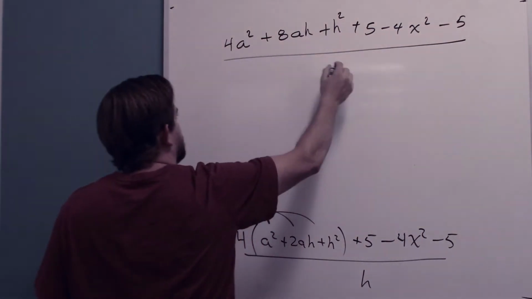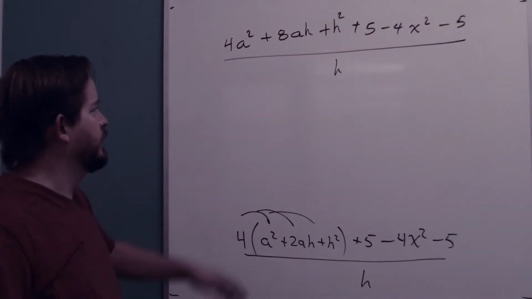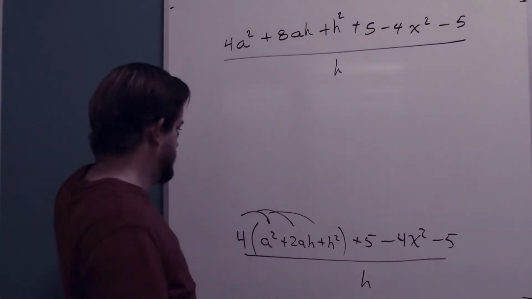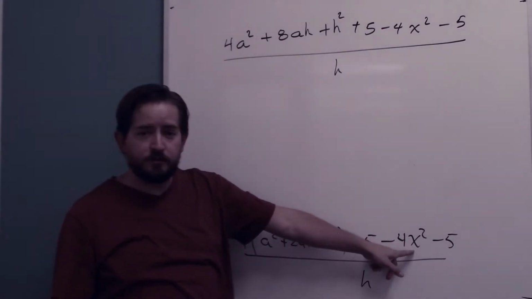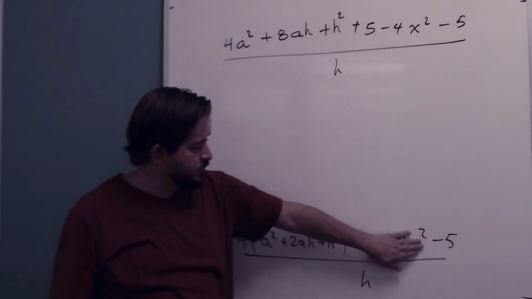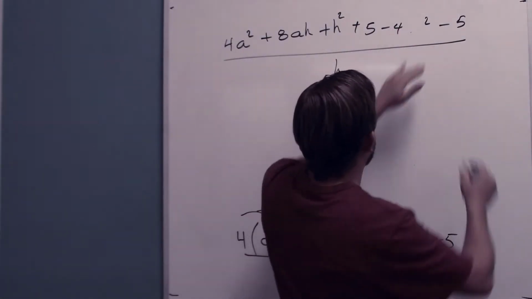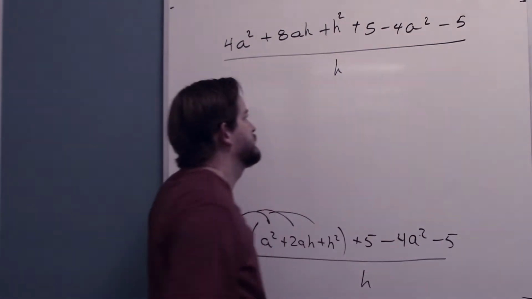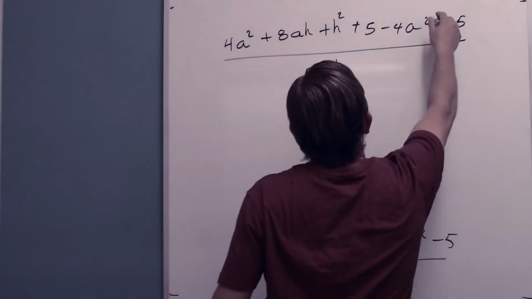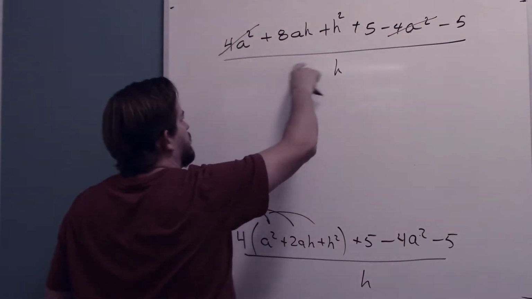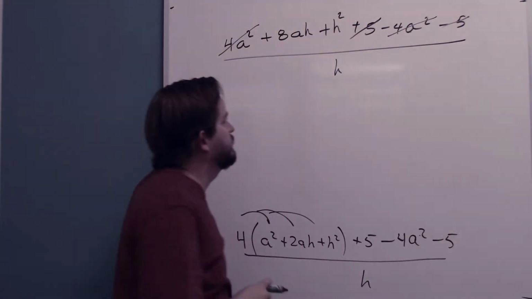They get a little long, but they cancel out a lot. My bad, this is not f of a, this is f of x, so this should be an a. And this should be an a. There we go. The 4a squared and the minus 4a squared cancel out. Gone. The 5 and the negative 5 cancel out.